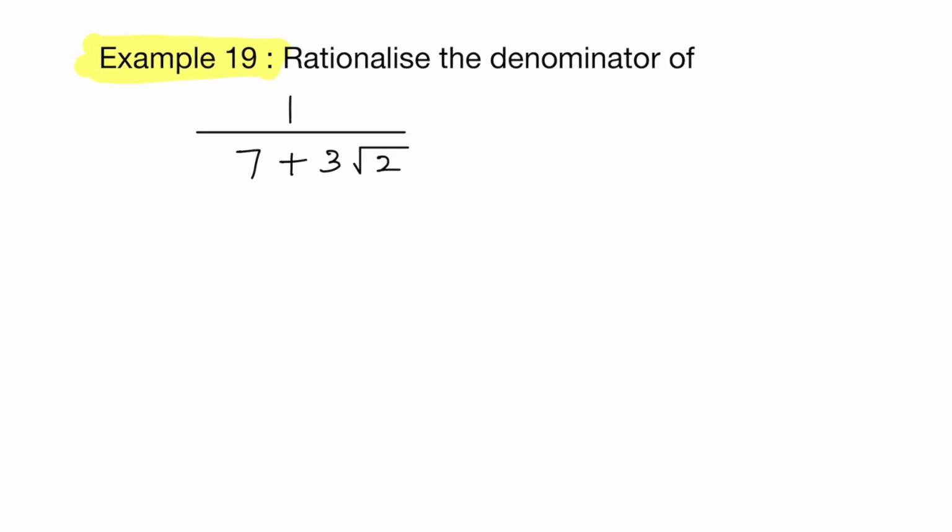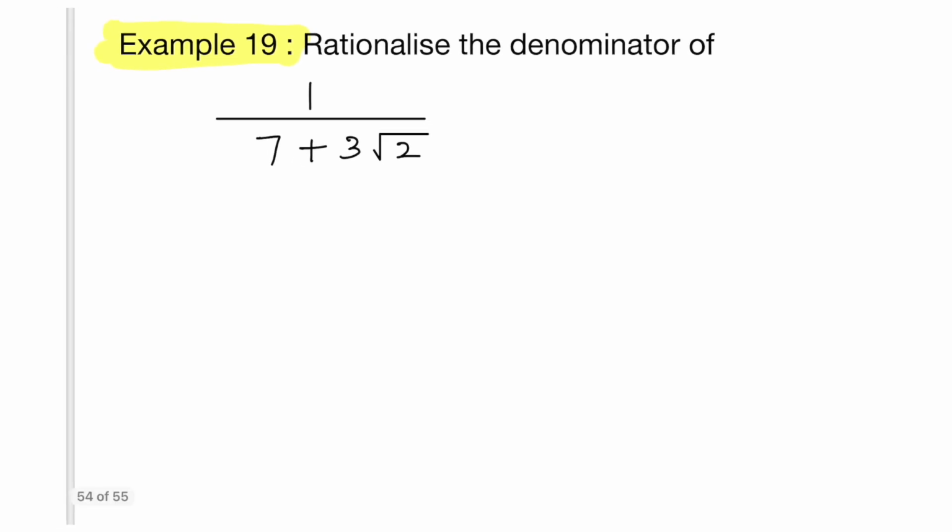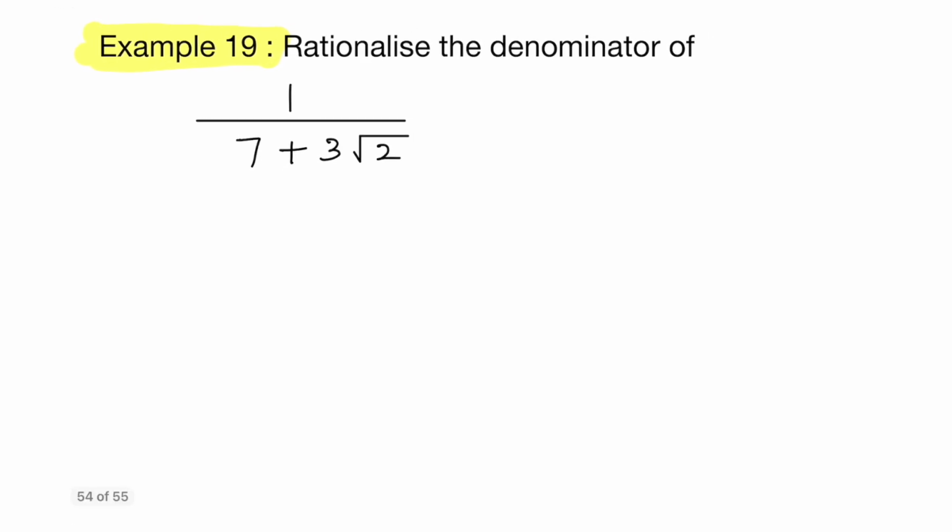Moving on, we have the last question of this video and the last example of this section, and that is example number 19. Now we are given a similar number and we are going to rationalize its denominator. So we are going to use the same concept that we have been using for the past two questions.